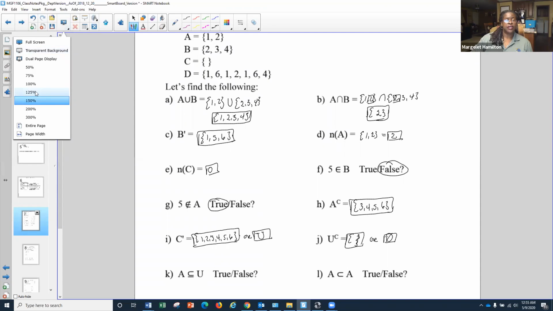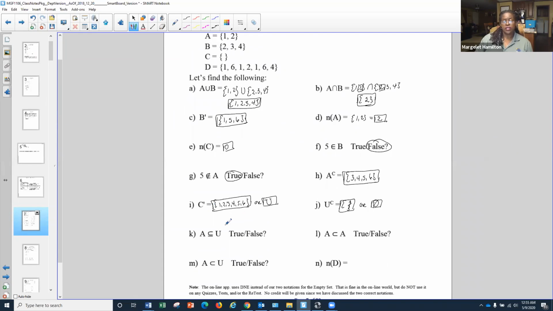Okay, now let's look at K. Looking at our subset and proper subset. It says A, is it a subset of the universal set? True or false? So remember, the slash underneath means subset. And we know that that means it could be equal, right?